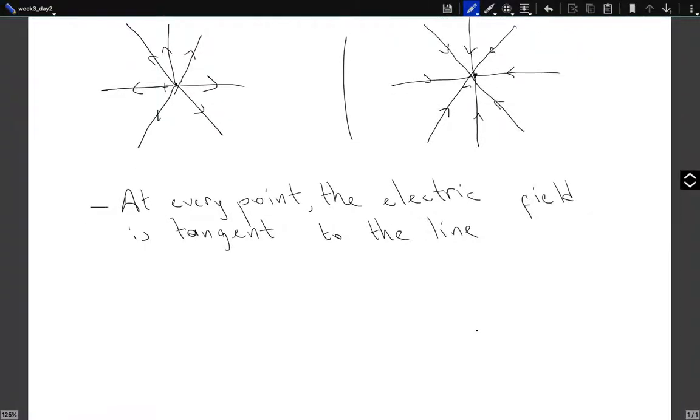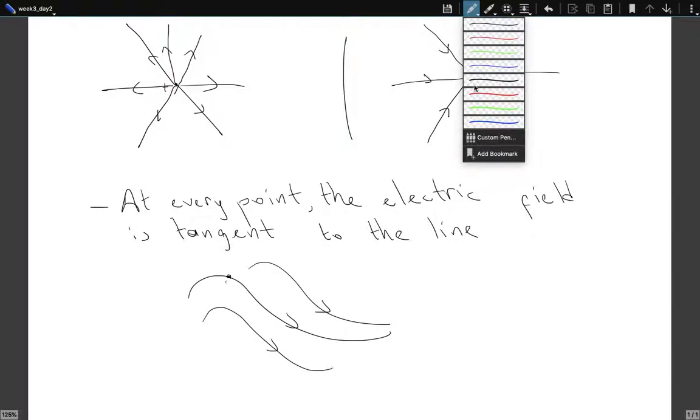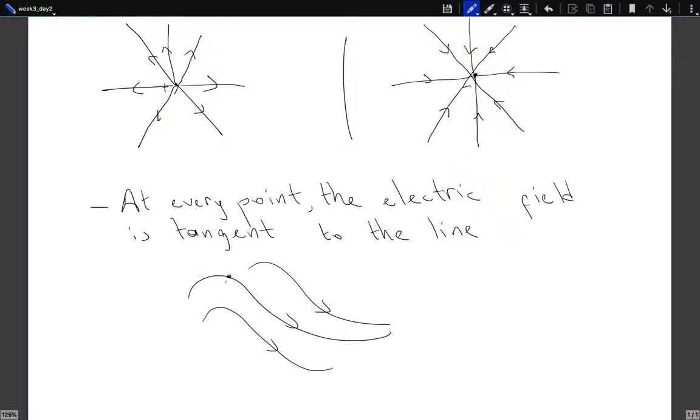So for example, if you have a region of space where electric field lines have this shape, you should always put the arrows. If you look at this point, at that point the tangent line is this one.